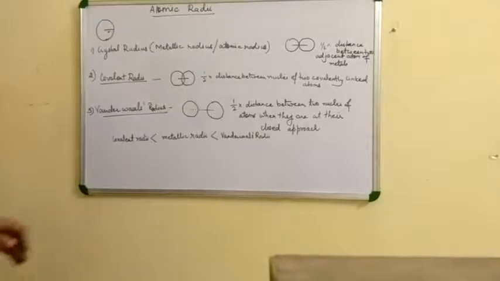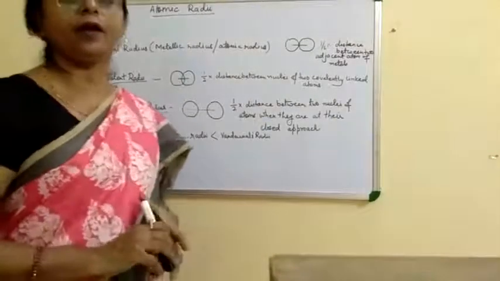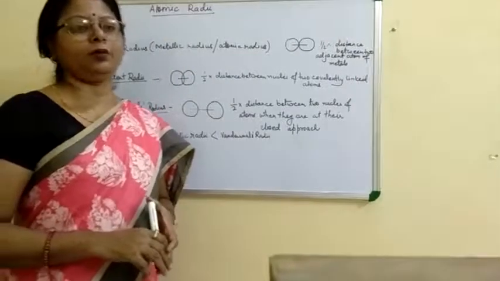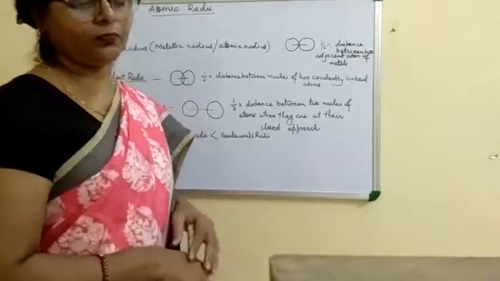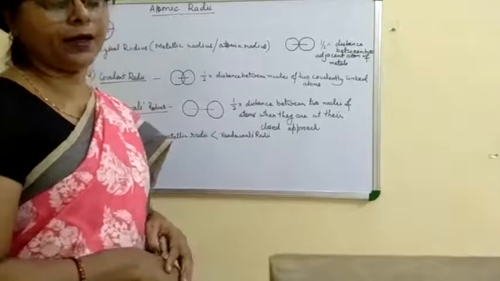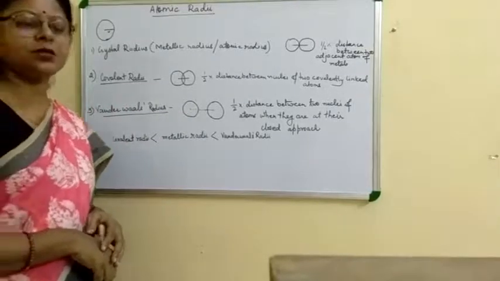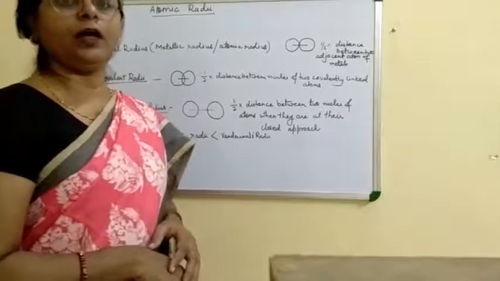The first periodic property is the atomic radii. Atomic radii also govern the size of the atom. Atomic radii may be regarded as the distance from the center of the nucleus to the outermost valence shell of the element.